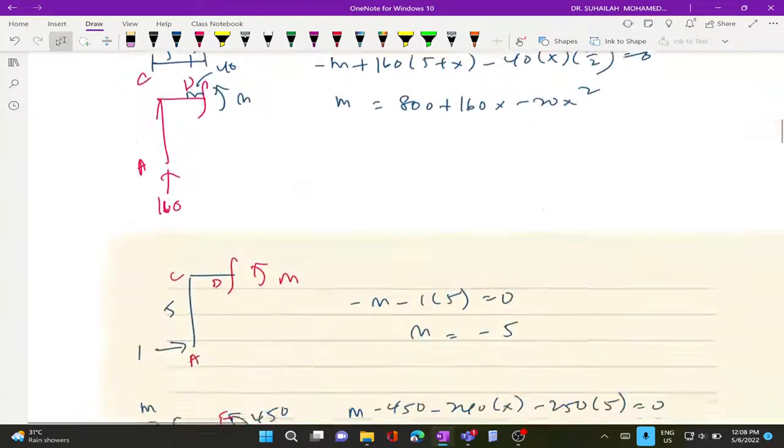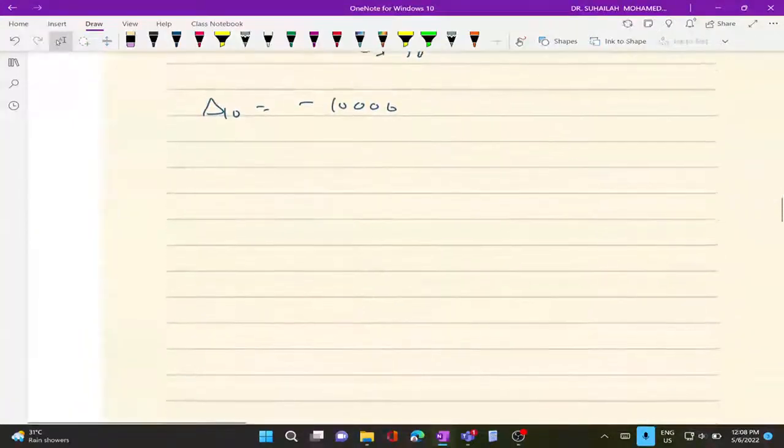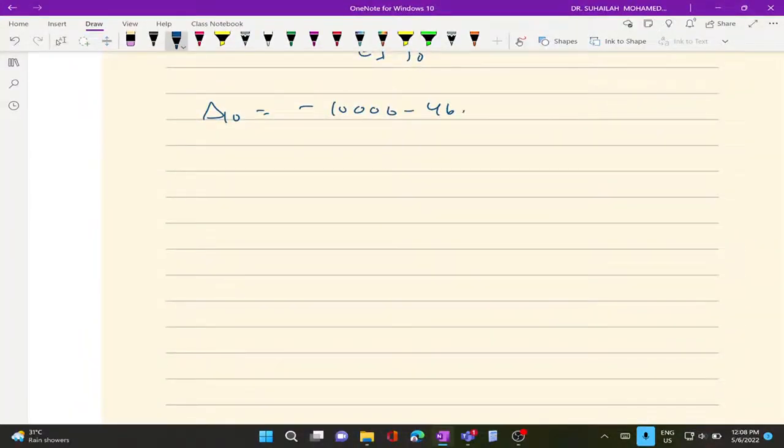Okay, it is equal to negative 46. So this is negative 46.667.